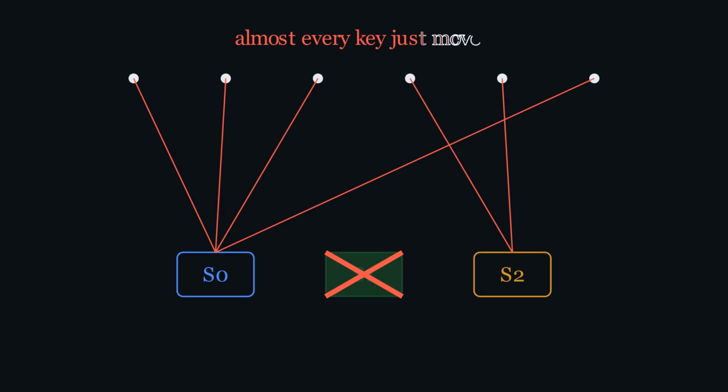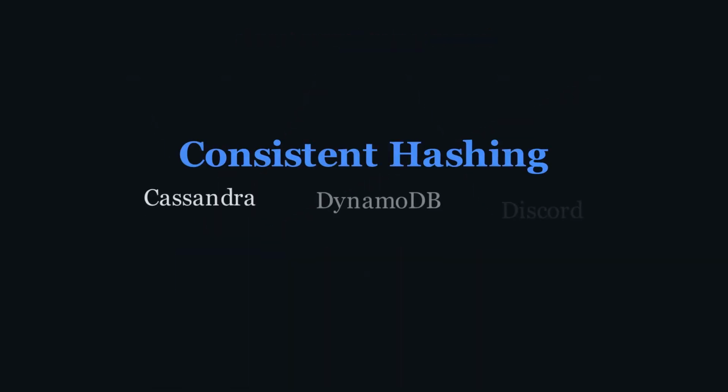Your cache hit rate drops to near zero, your database gets hammered, and your site goes down. This exact failure mode is why consistent hashing exists, and it's inside Cassandra, DynamoDB, Discord, and probably every large system you normally use.